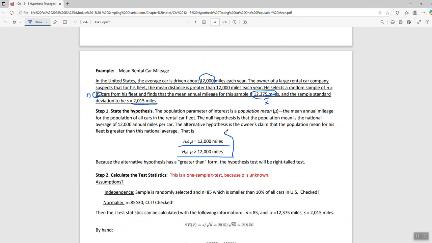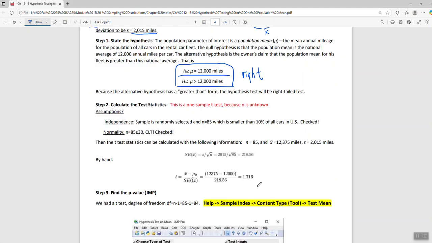From the hypothesis test, we know it is a right tail hypothesis test. Now we want to solve it by hand, so we need to calculate our test statistic.